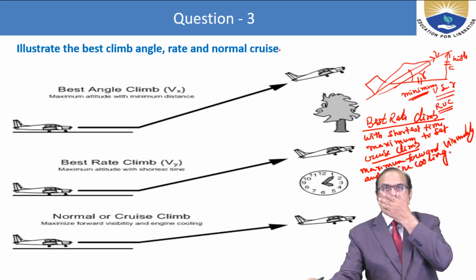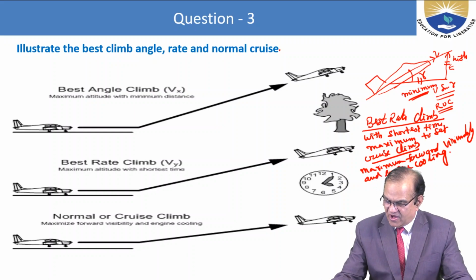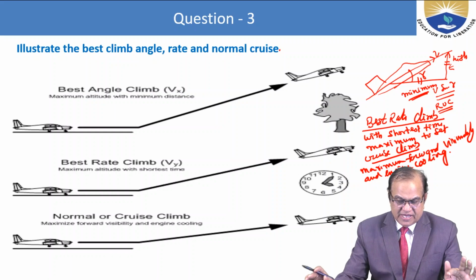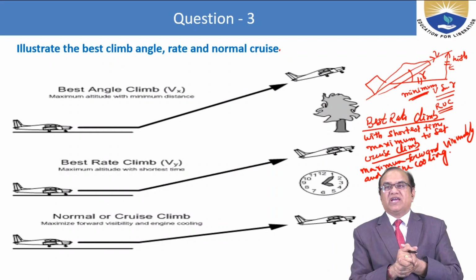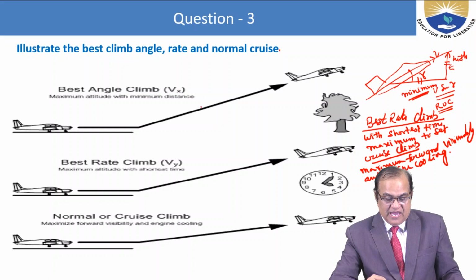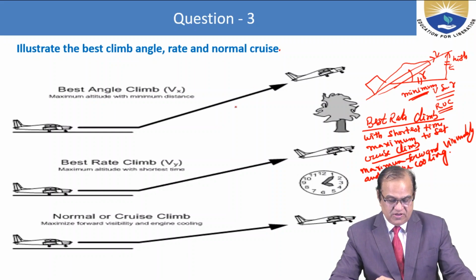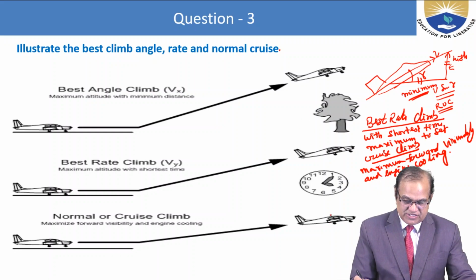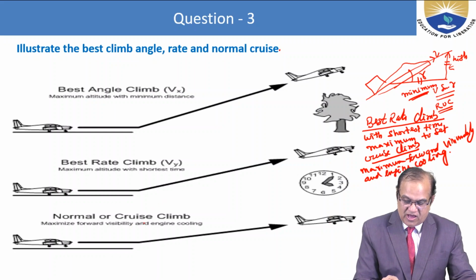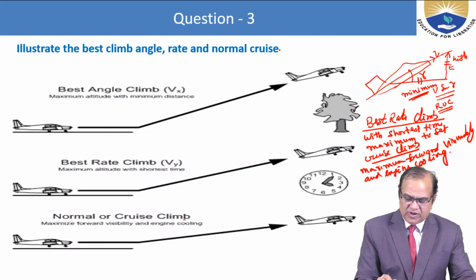So this is the maximum forward visibility and the engine cooling. That is the, for a high range, for a long time, we cannot go very high angle climb or best angle climb. Best rate climb also we don't fly. But if you want to go for a high range, we have to go for a normal cruise climb condition.